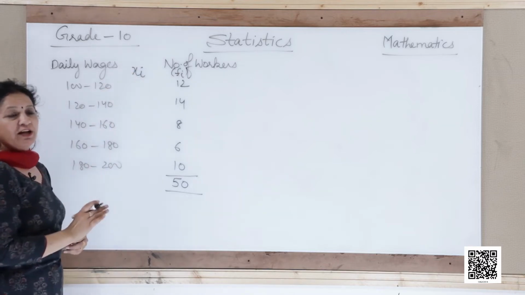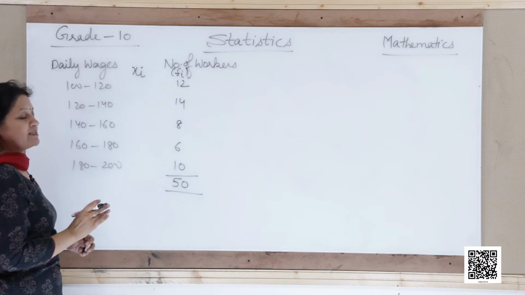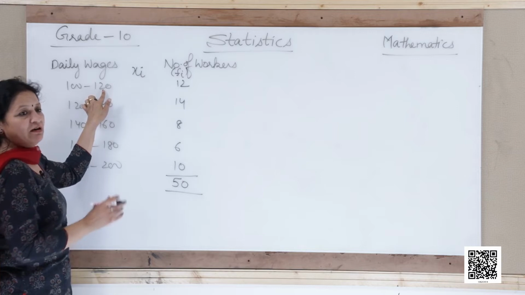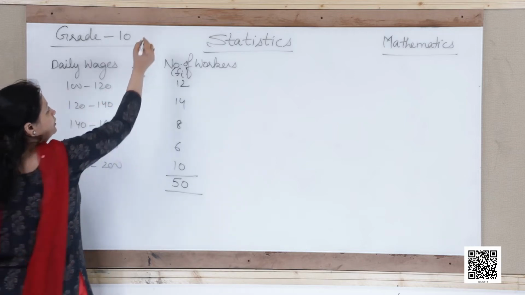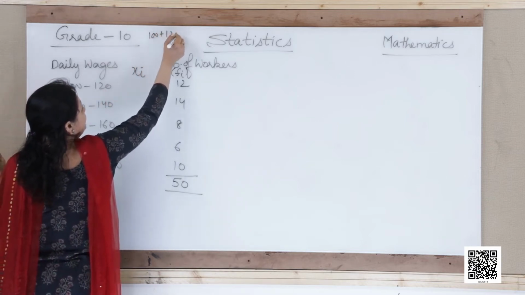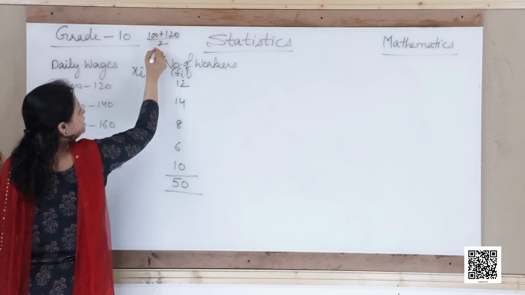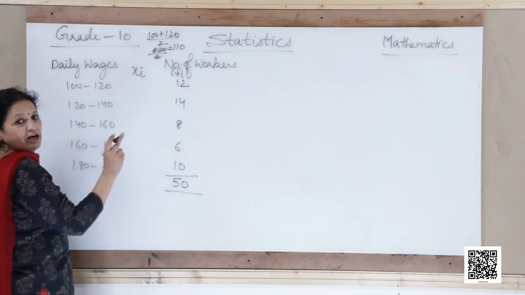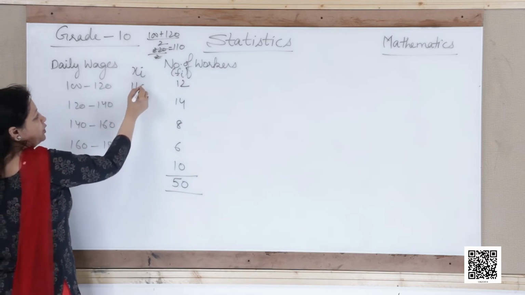I have already explained how to find xi. Xi means class mark, lower limit plus upper limit divided by 2. 100 plus 120 divided by 2, 220 divided by 2, I have got 110.